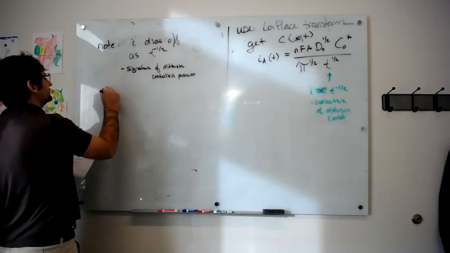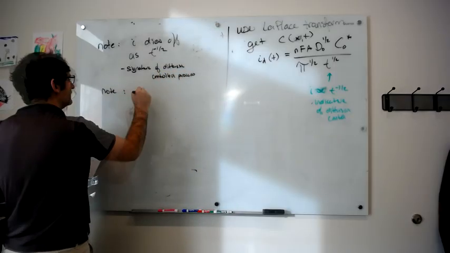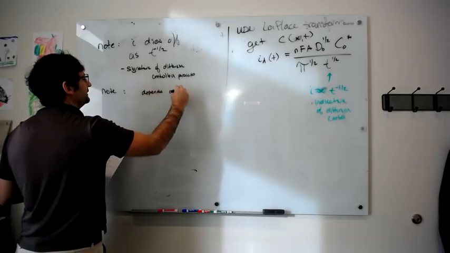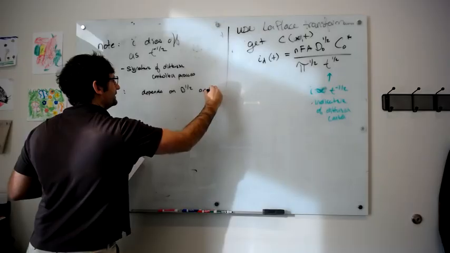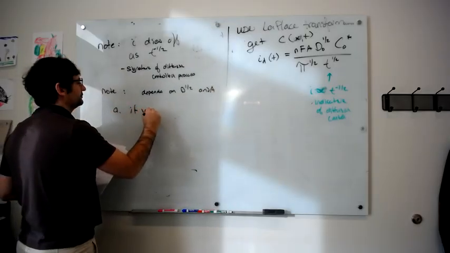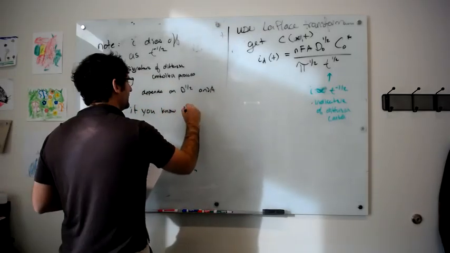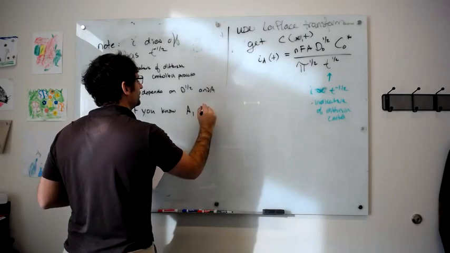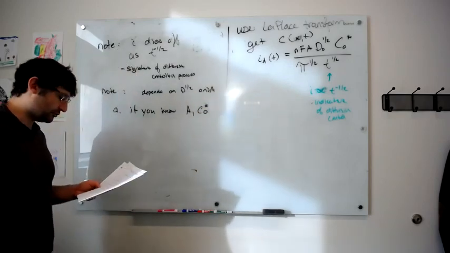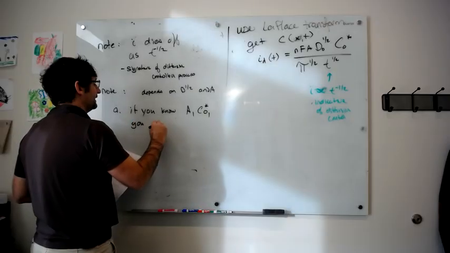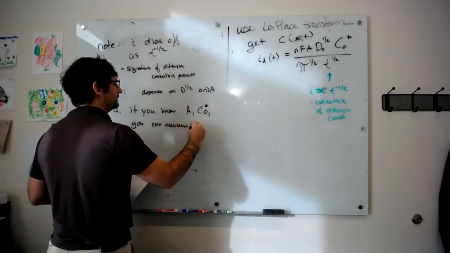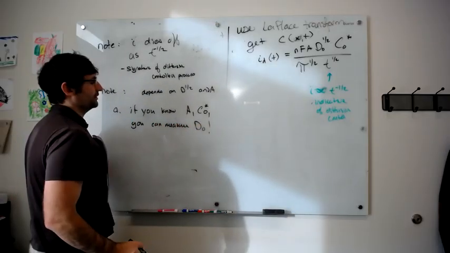So note that it depends on D to the 1/2 and A. If you know A, and you control C_O star, that's just the amount of O you put in the electrolyte, you can measure D, which is very useful, right?